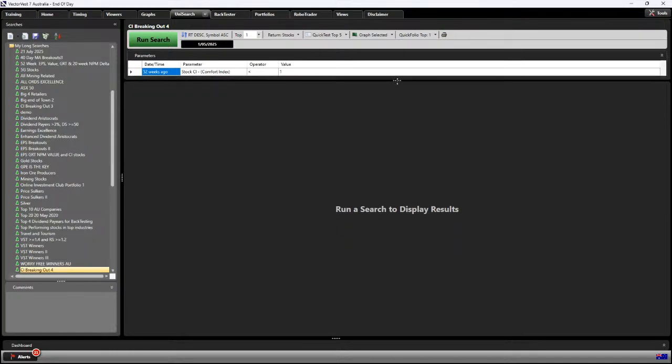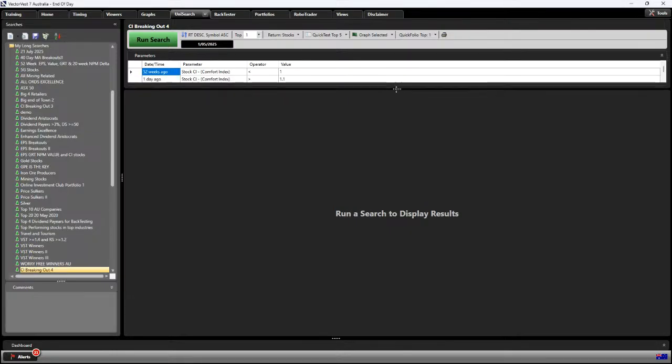All right, I'll go slowly one by one. First up, 52 weeks ago, the comfort index needs to have been below 1. Why is that? Because I'm looking for a turning point. A year ago it needs to have been below 1, but in recent times it needs to be above 1.